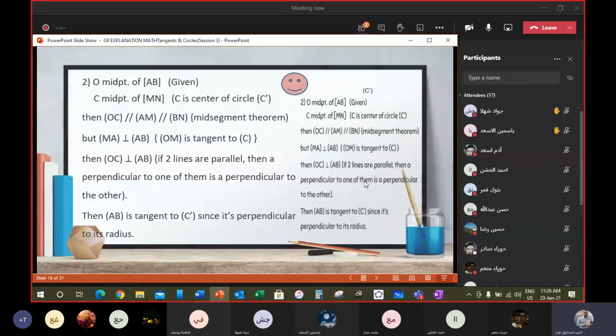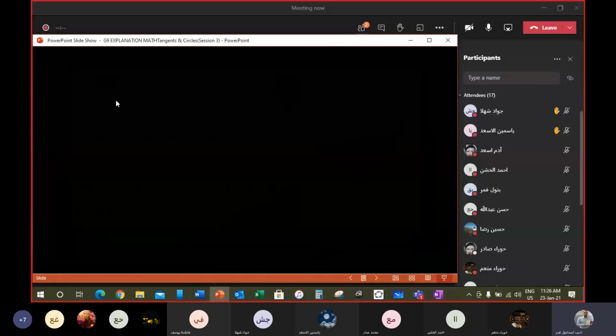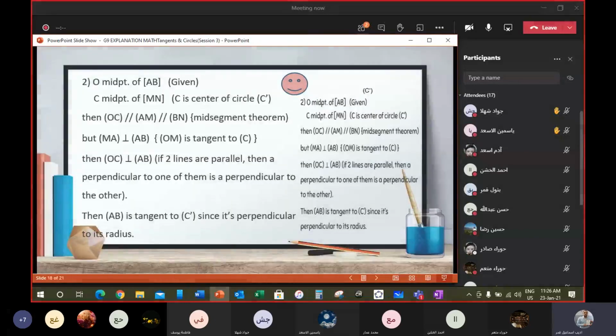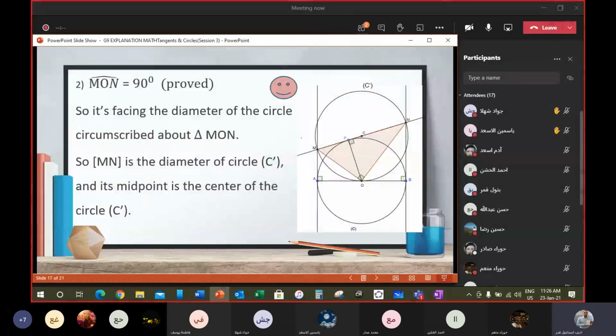Continuing the proof, C is the midpoint of MN, and C is the center of C prime. Then OC is parallel to AM, parallel to BN. This segment OC is a mid segment, by the mid segment theorem in a trapezoid. We will review it, but you have taken it in grade eight. So OC is parallel to AM, parallel to BN.